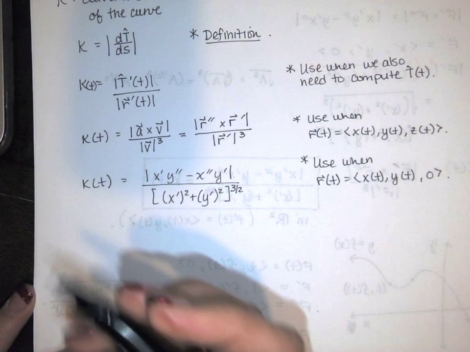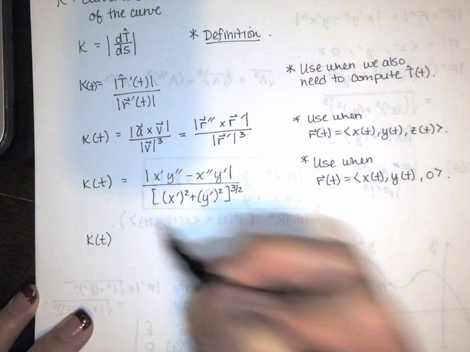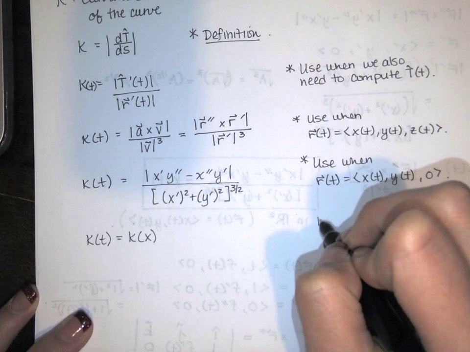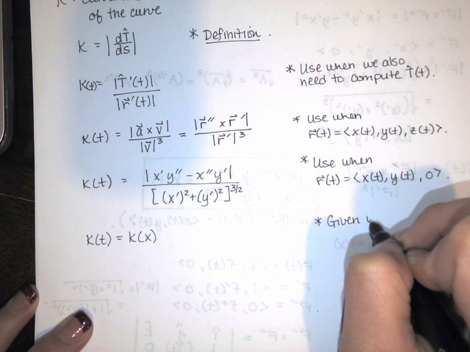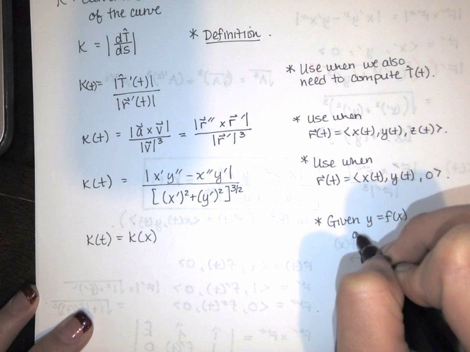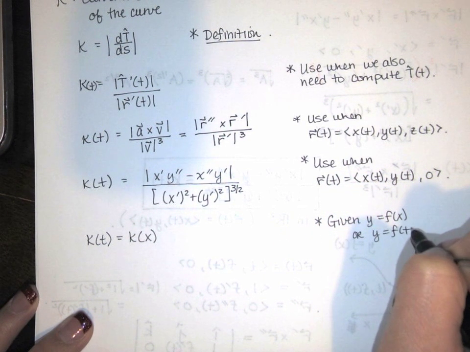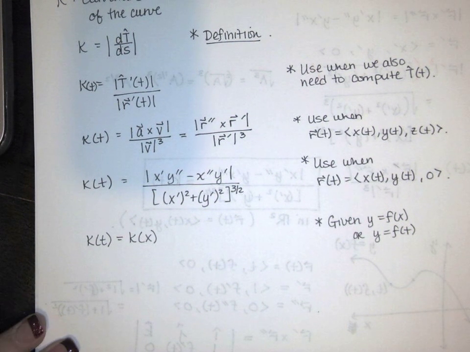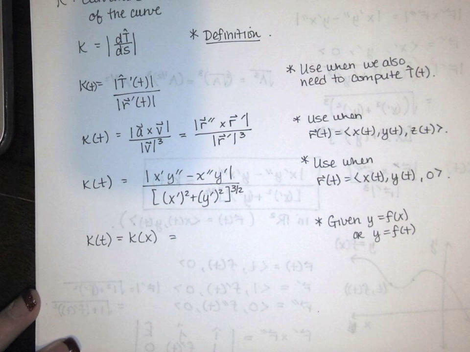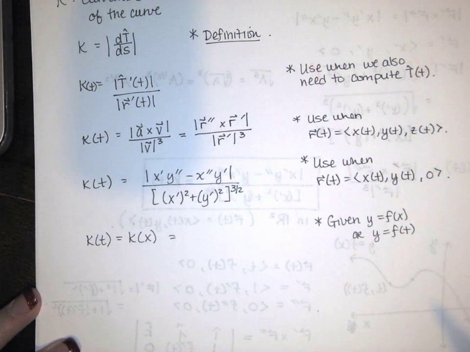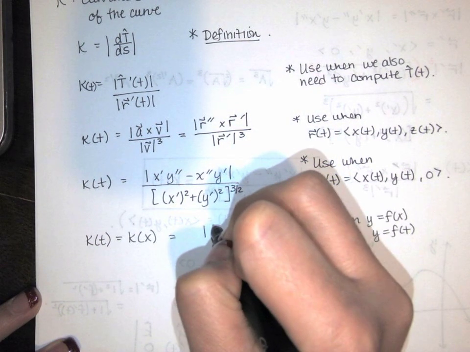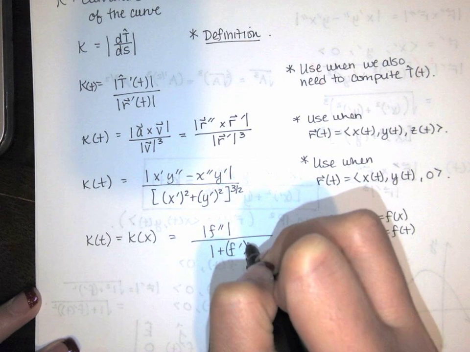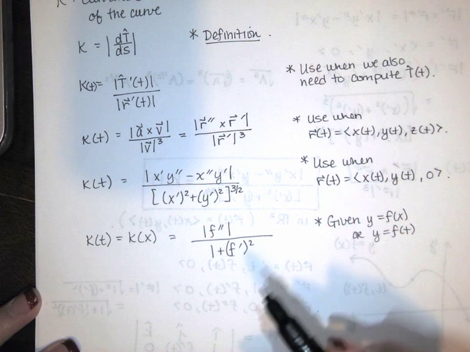And then our last formula could also be called kappa of x. So if we're given y equals f of x or y equals f of t, and we're just dealing with this plane curve that's described this way, like Calc 1, Calc 2 style, then this numerator simplifies to just the magnitude of f double prime, divided by 1 plus f prime squared, you take the square root and then you cube it.